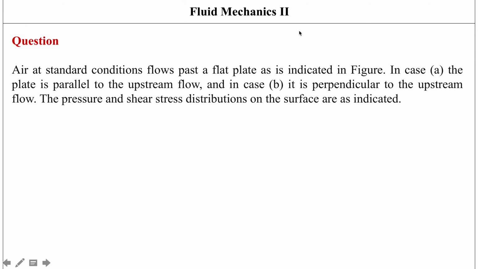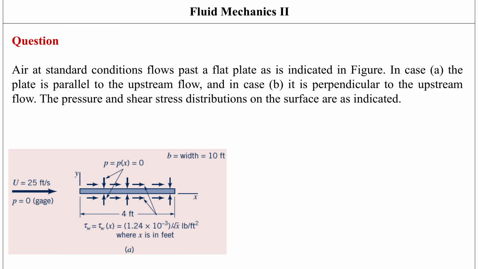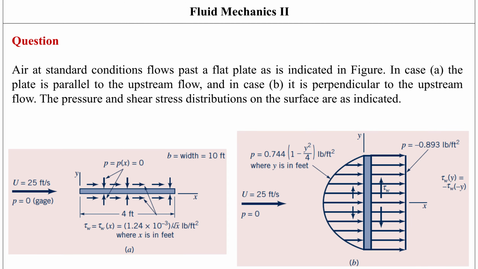So I'm just going to leave a question here related to the flat plate now. And you could work this out yourself, maybe try doing it in SI units. So you could go through it, and you've got two cases here. The first is where the plate is parallel to the upstream flow, right? And for this, theta is going to be equal to 90 degrees.